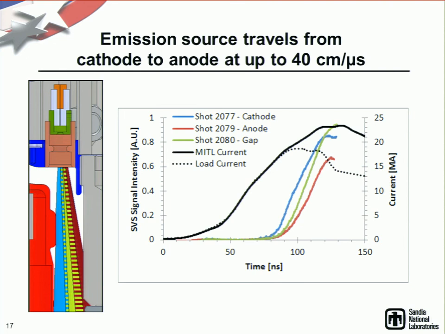The turn-on times for the 3 different shots are very close to each other, but there's a distinct progression from cathode to the gap to the anode measurement. So you are monitoring a plasma coming off of this surface and traveling towards the post. Based on these measurements, you can get estimates up to 40 centimeters per microsecond, but realistically on the order of 20 centimeters per microsecond.